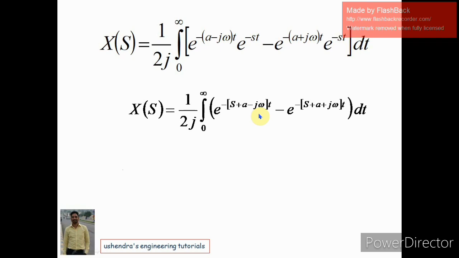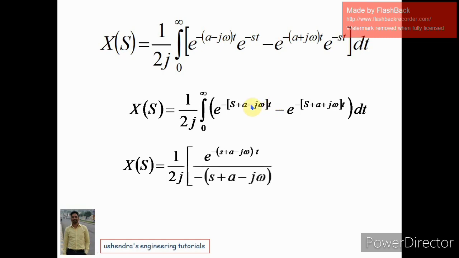Going ahead, X of s will be 1 upon 2j, and when this is integrated, in the numerator it is e raised to minus of s plus a minus j omega t, and this comes down in the denominator because this is the variable and this is the constant. That is e power ax dx, similar to integral e power x dx. In this case, this is the constant and that comes down in the denominator, negative continues, and even in this term e raised to this as it is, and this comes down in the denominator after integration.